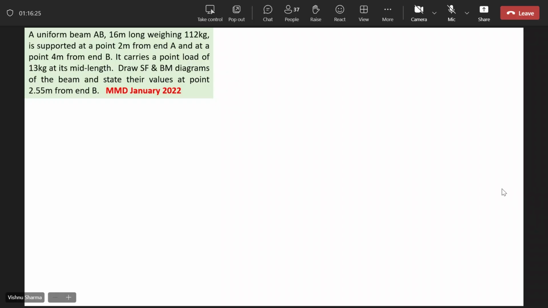Now, guys, can you make this diagram, please? First step, make the diagram. I'll follow after 30 to 40 seconds. Guys, don't wait to copy from the board. If you keep waiting to copy from the board, you'll be harming your own interest. Draw it.